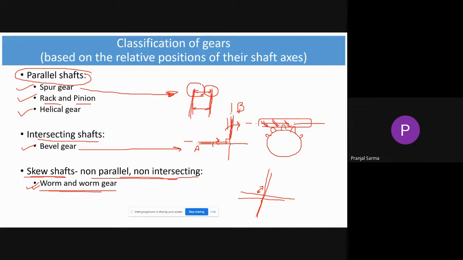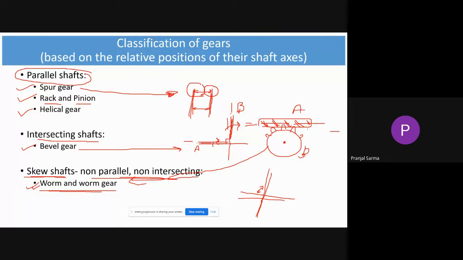That was nothing but the worm and worm wheel. Suppose this is A, let's consider this element is B.